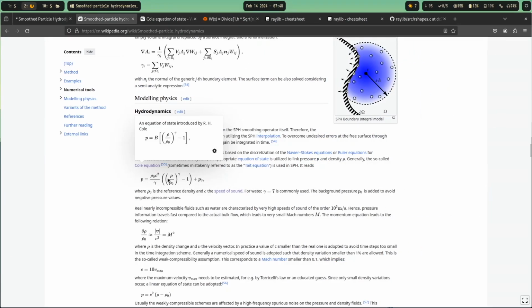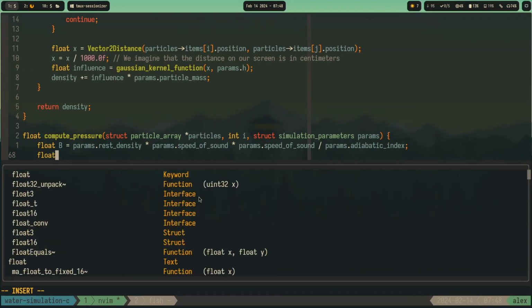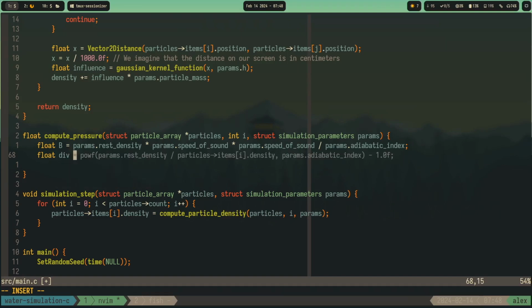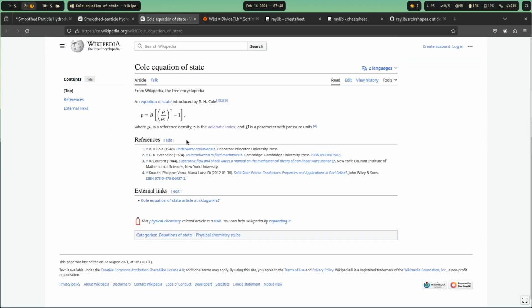Yeah, it should be like that. Then we need to do the inner thing. So let's float div. Well, I don't know how that thing is called.